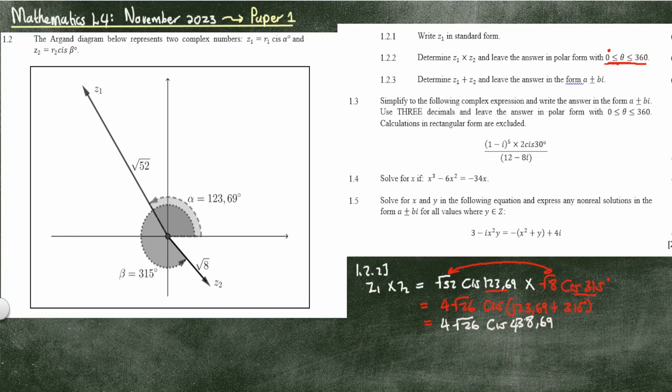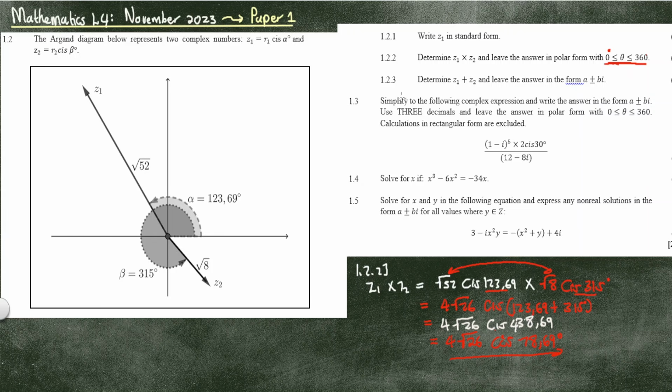So you take away 360: 438.69 minus 360. The final answer is 4 square root 26 cis 78.69 degrees.